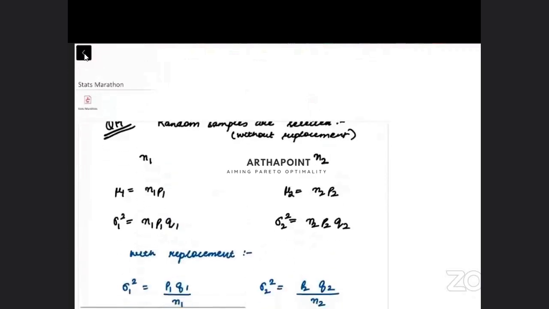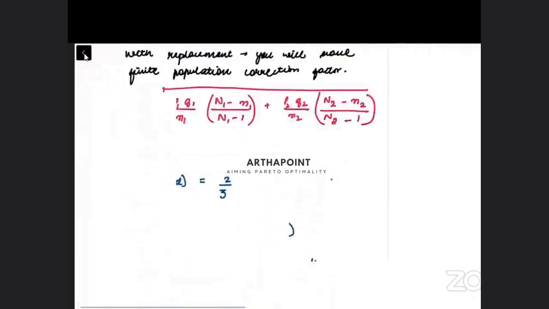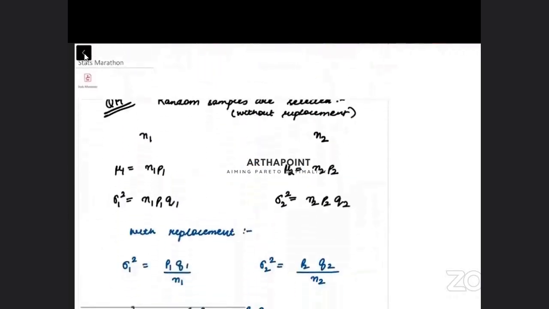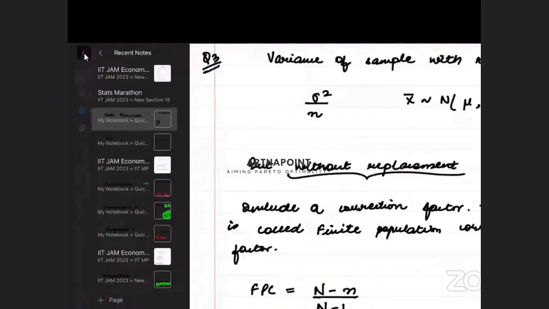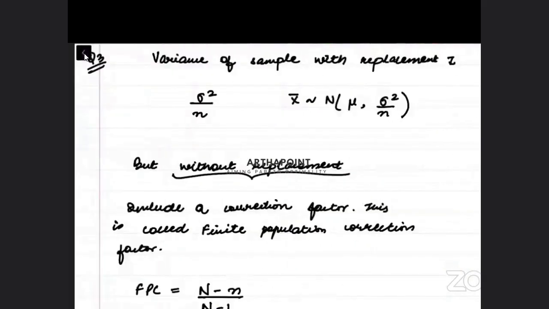Just see here. When I talk about variances of sample and I'm talking about with replacement, this is how the sample mean looks.